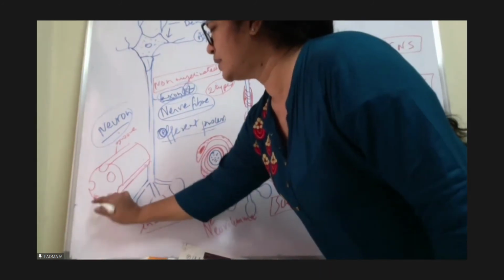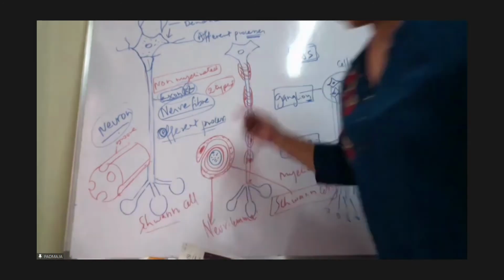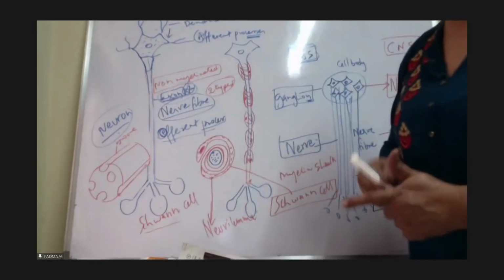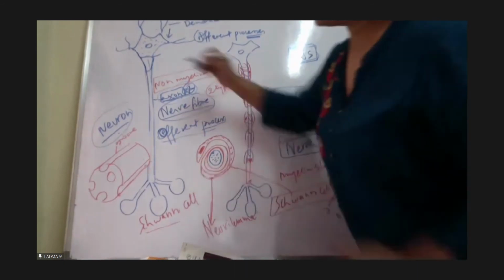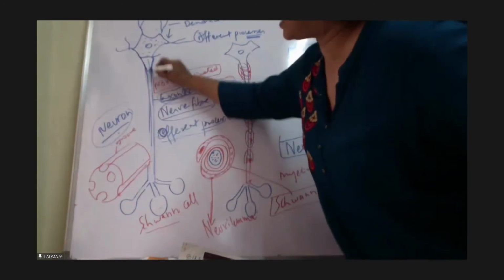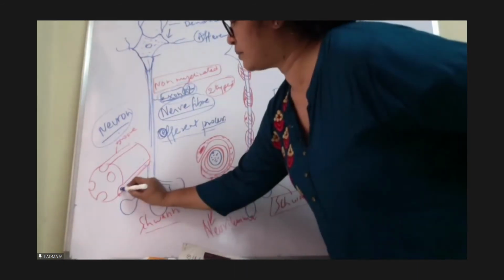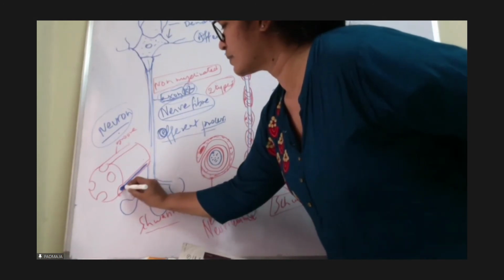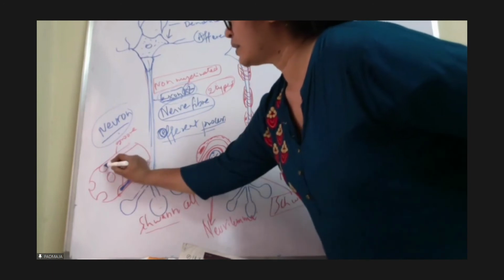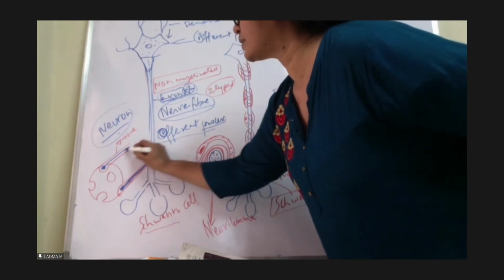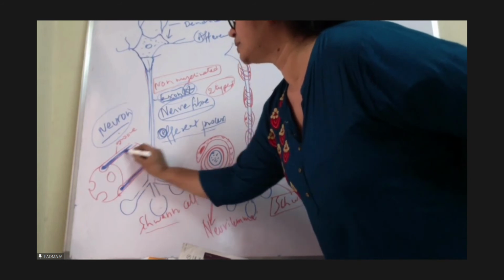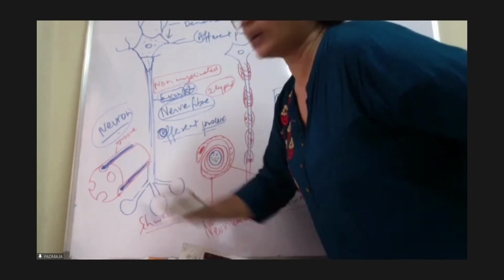In that groove they carry the non-myelinated axons. I'm using blue color to represent the axon, so just imagine an axon running through the groove.